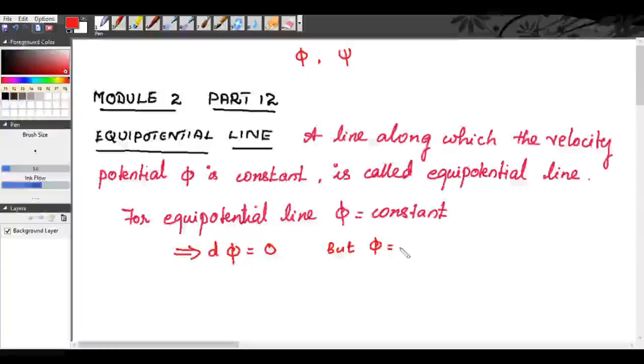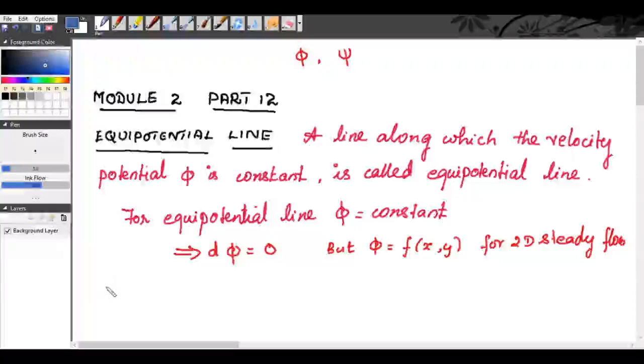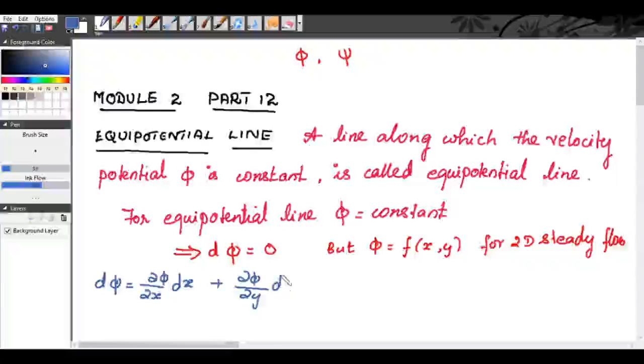But we know that for a two-dimensional steady flow, phi is a function of x, y. So we can rewrite this d phi. d phi is equal to dou phi by dou x into dx plus dou phi by dou y into dy.